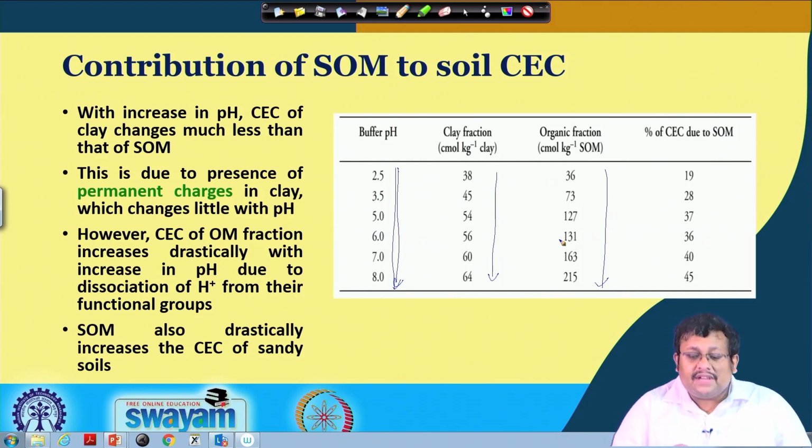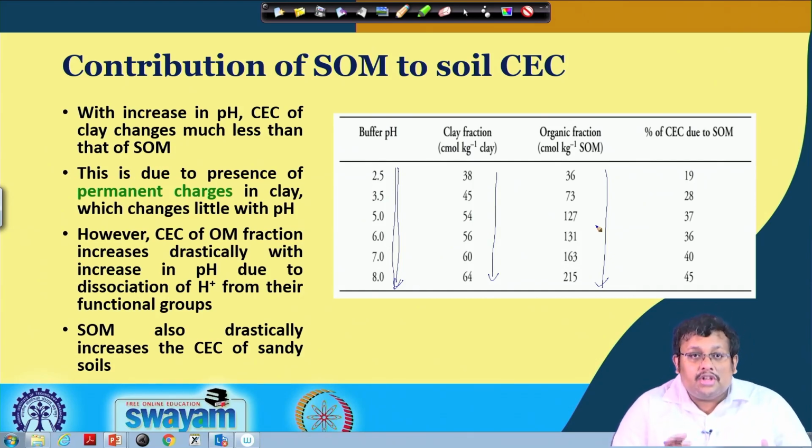However, in soil organic matter, all the charges are pH dependent charge or variable charge. So with changes in pH, the increase of CEC is higher in organic matter as compared to the clay. CEC of the organic matter fraction increases drastically with increase in pH due to the dissociation of H plus from the functional groups which you have already seen.